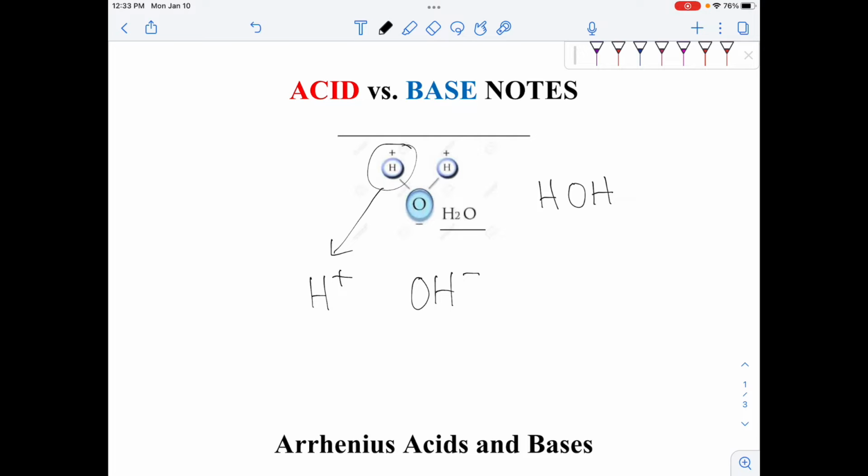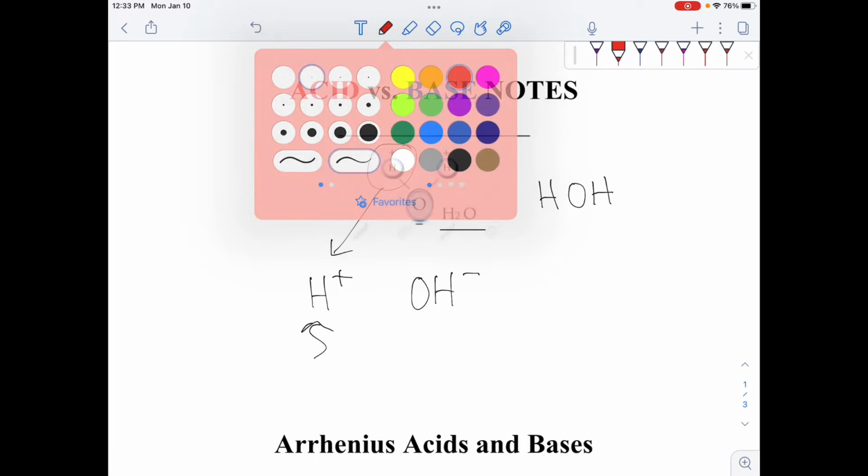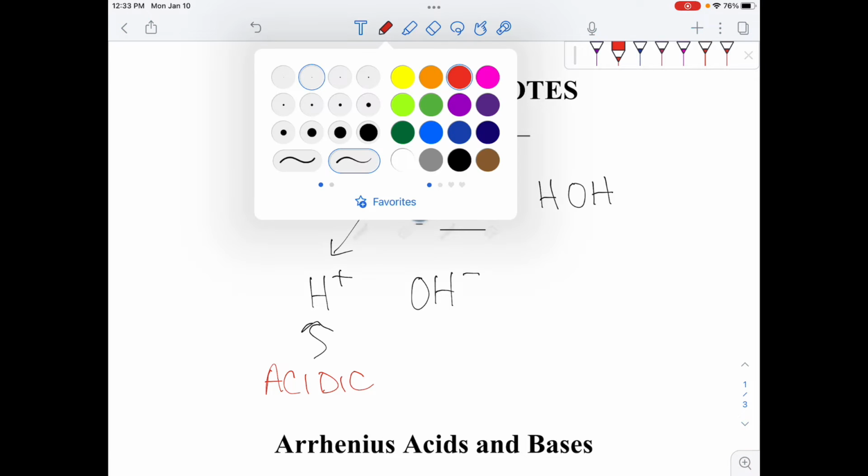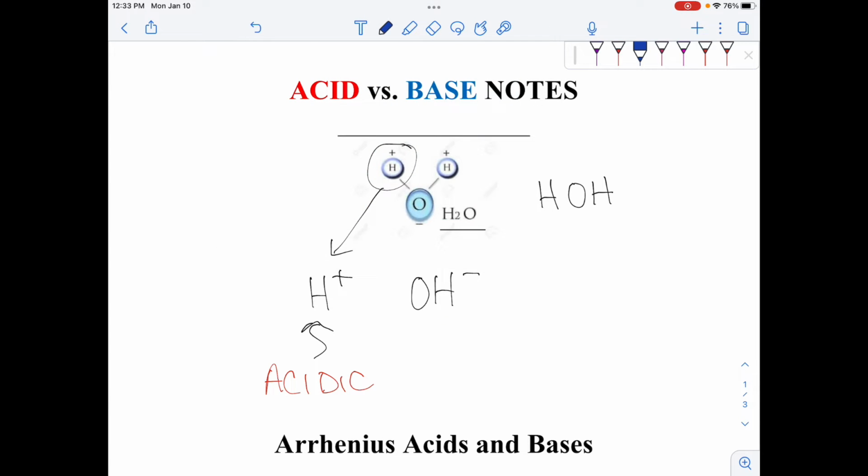The hydrogen ion is the acidic part. The OH ion is the basic or alkaline part.